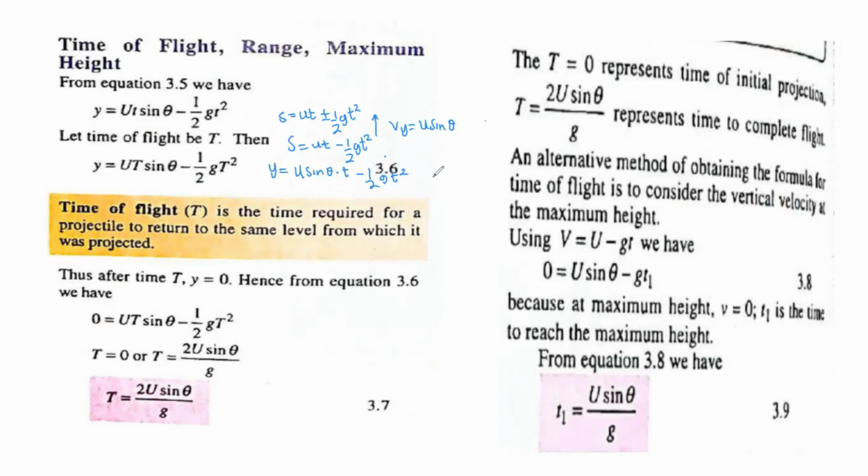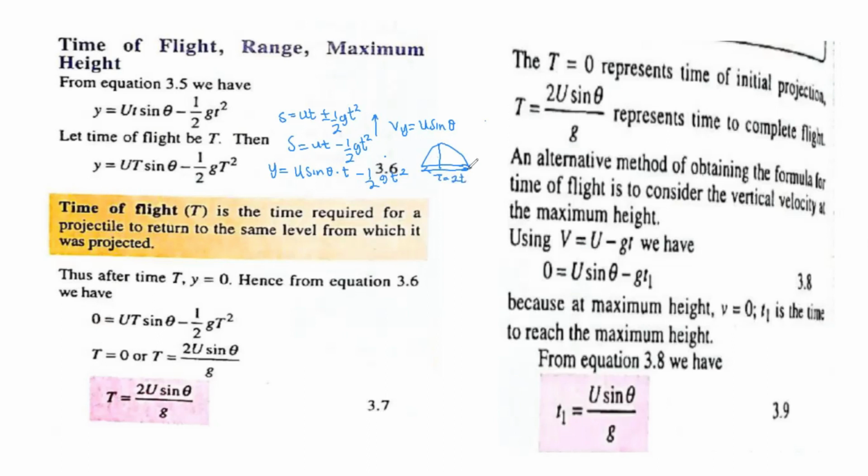Then the time of flight. When we're talking about the time of flight, it goes like this: to this point, the time to reach the maximum height, then the time to come down. So we're talking about a big T now. A big T is equal to 2 small t.